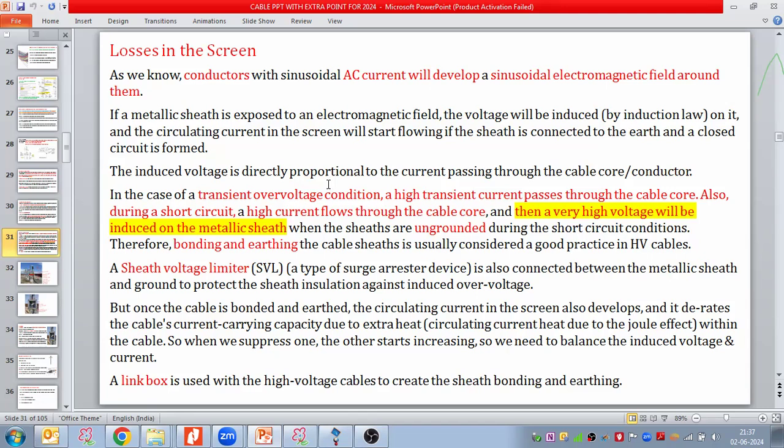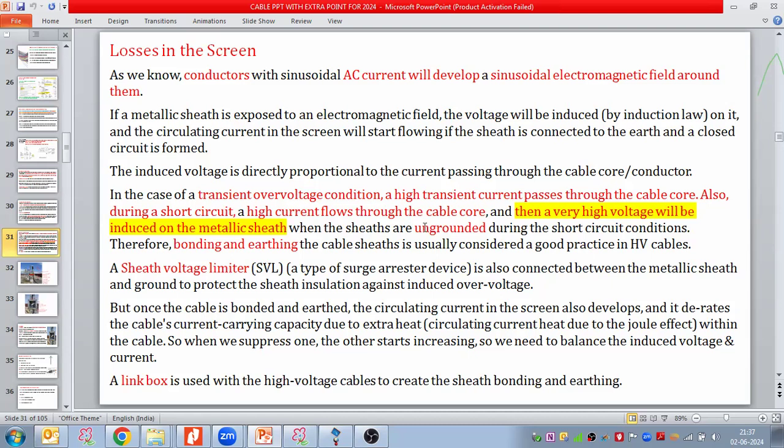In case of transient overvoltage conditions, a high transient current passes through the cable core. Also, in the second case, if a short circuit occurs somewhere, a high short circuit current passes through the cable core, and then a high voltage will be induced on the metallic sheath.